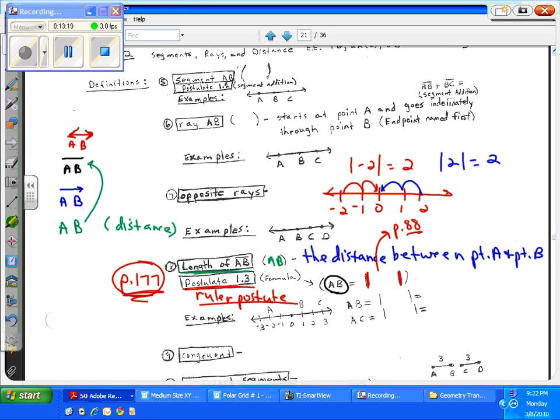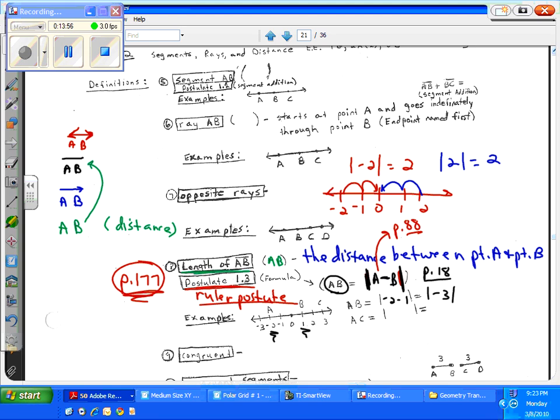The ruler postulate, or the formula for the distance between 2 points on a number line, is the absolute value, that's those bars, the absolute value of the difference of the coordinates of the 2 points. So we would take the coordinate of A and the coordinate of B. So we take the absolute value of the coordinate of A, which is -2, minus the coordinate of B, which is 1. -2 minus 1 is -3.